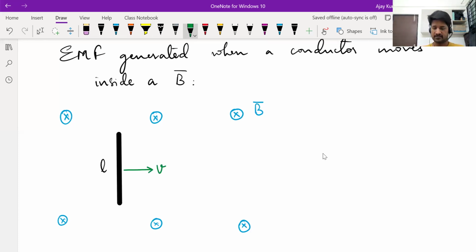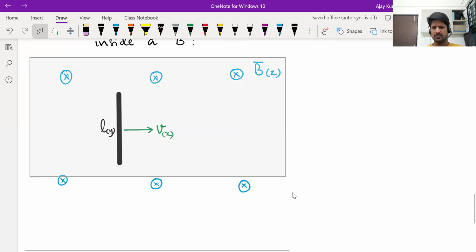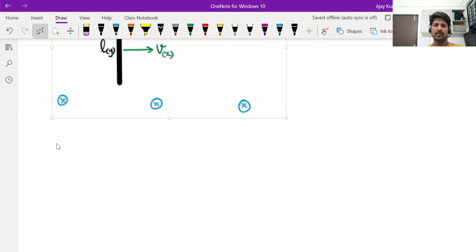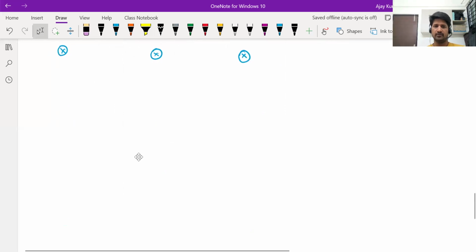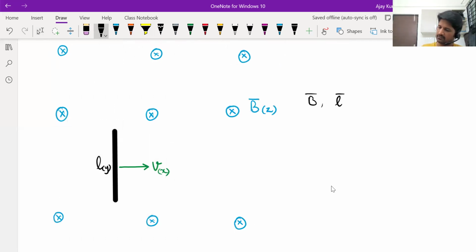So the magnetic field is in the z direction, the length is in the y direction, and the velocity is in the x direction. It means we have taken all three mutually perpendicular to each other. We are taking a particular case now, just to understand why there will be EMF produced when a conductor moves in a magnetic field. So the case that we have taken here is the case where the magnetic field, the length vector, and the velocity vector are all mutually perpendicular.